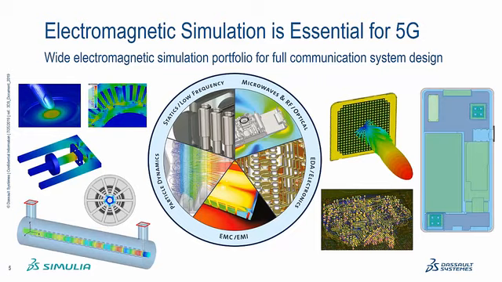And lastly, at the bottom, you'll see EMC, EMI. This is concerned with the susceptibility to outside interference coming in that may affect a device, and also unwanted emissions that may be generated by a product or device. And this is often about meeting geographic regulations.